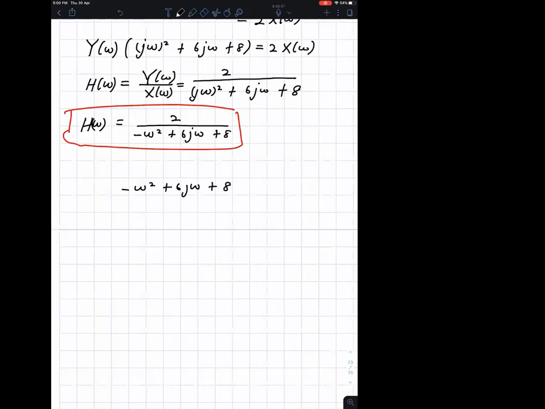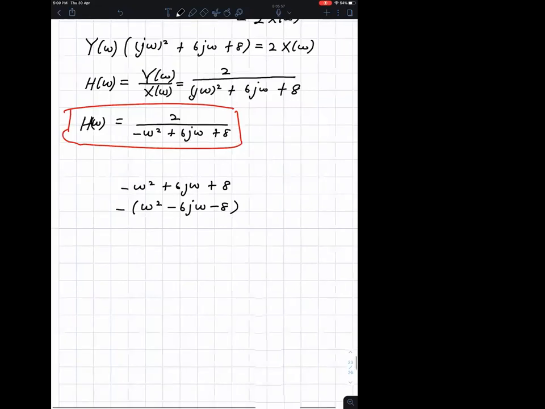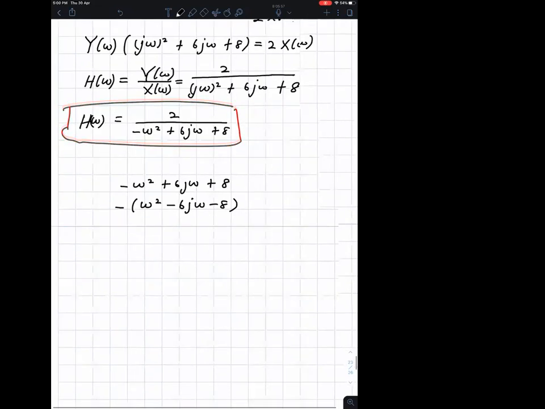So usually the best practice is to factorize the negative sign, and then you factorize it. I don't know how you guys factorize, but this is how I usually factorize.